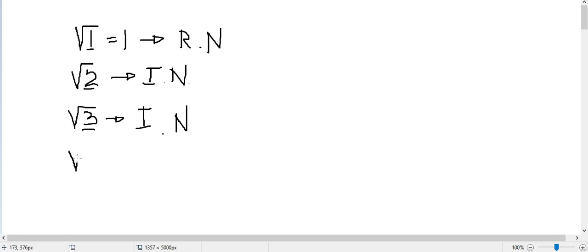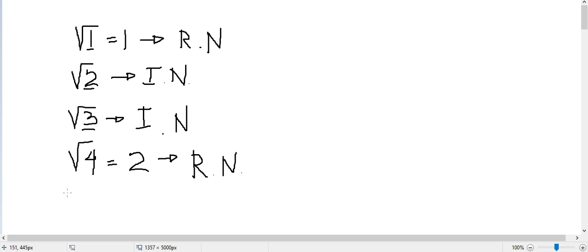How about square root of 4? Square root of 4 is a perfect square, and that is 2. Therefore, square root of 4 is a rational number.